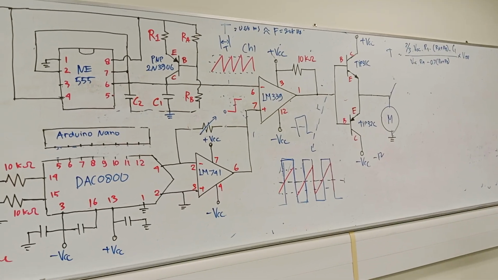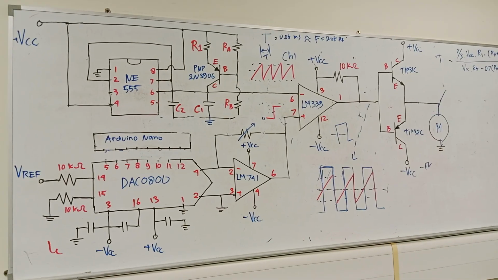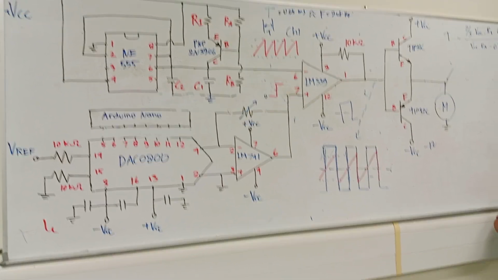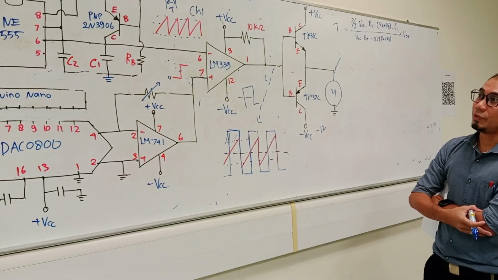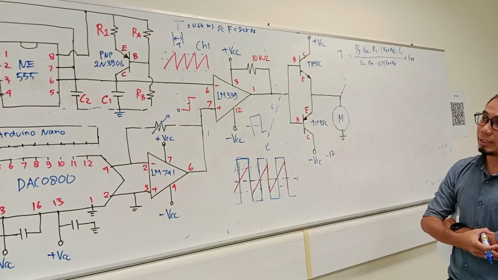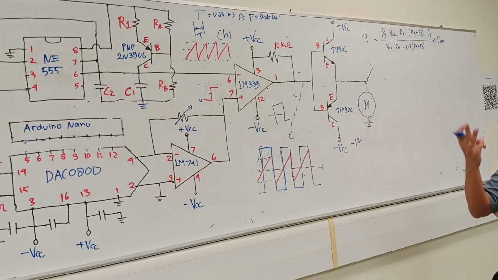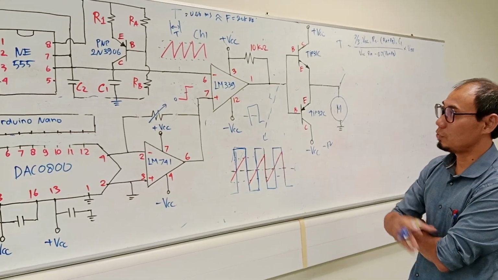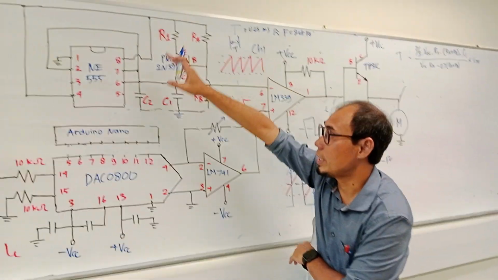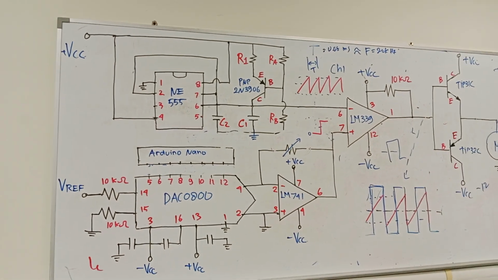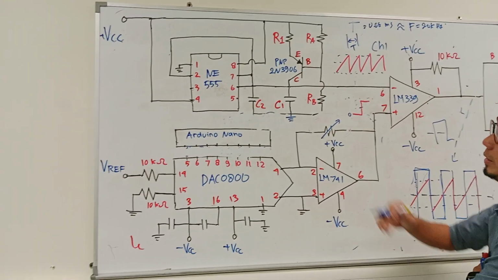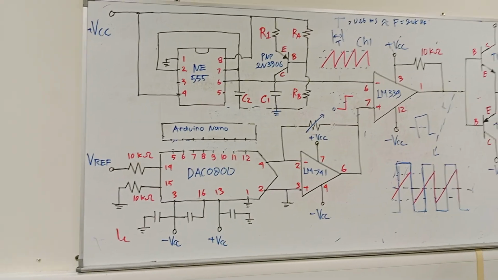This is the circuit diagram, the wall circuit diagram for the mechatronics design project, our unit. In order to give you easy understanding and also for troubleshooting, we have to divide it into three parts. Part number one consists of the NE555 timer with the PNP transistor 2N3906.